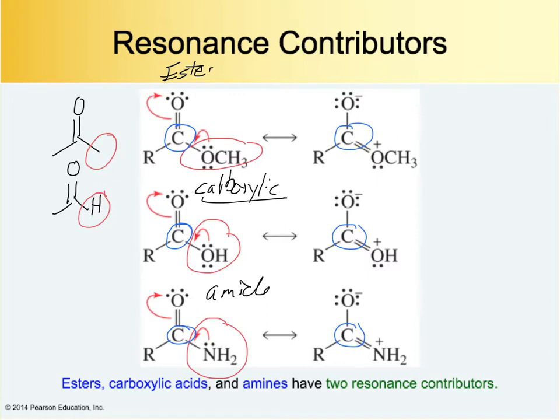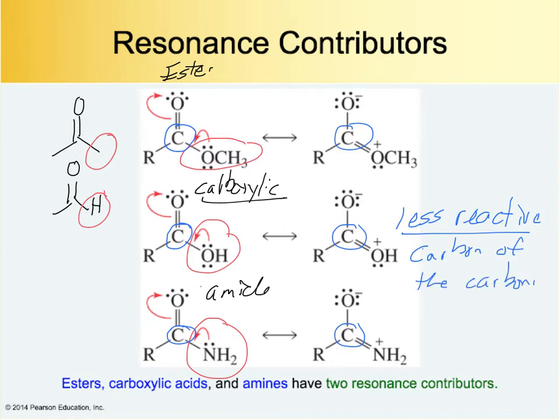The more resonance you do, the less reactive that carbon of the carbonyl becomes. So aldehydes and ketones are often more reactive than esters, acids, and amides, at least at this carbon.